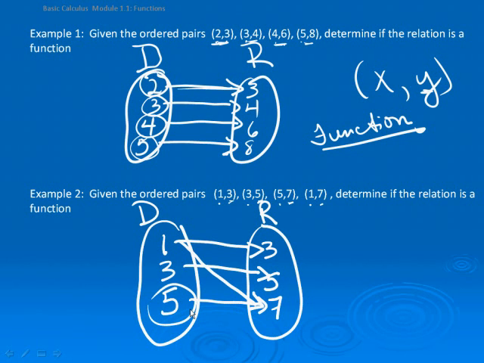It only has one mapping to an element of the range. So 5 is good. 3 is mapped to 5, and only 5. So 3 is good, but 1's in trouble because 1 not only goes to 3, it also goes to 7. So 1 is mapped to more than one element of the range. Therefore, this is not a function.